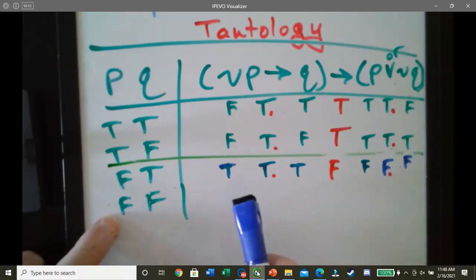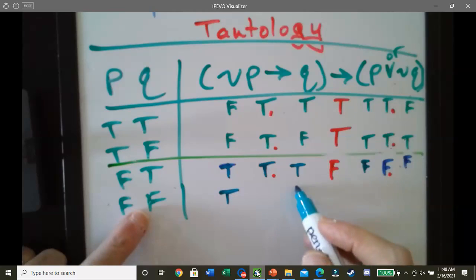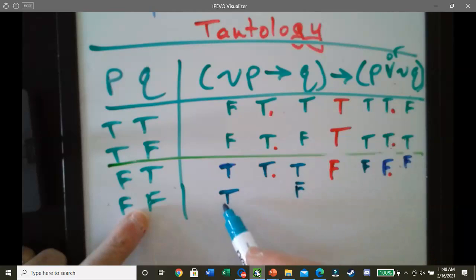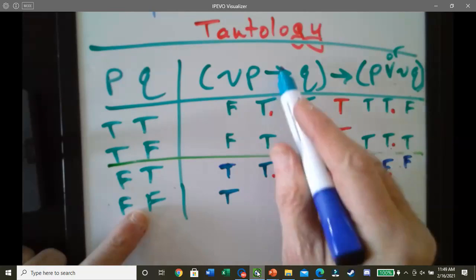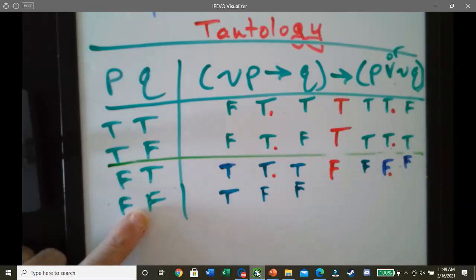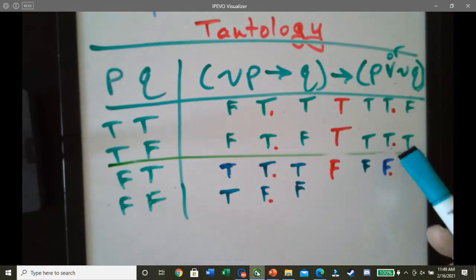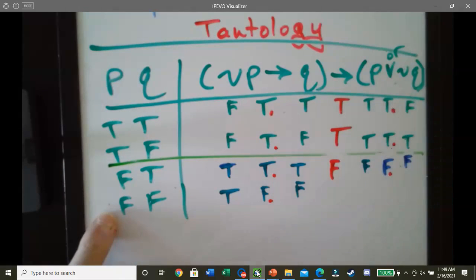Okay, so if P is false, then not P is true. And Q, that's false. So if true, then false is false, right? That's the only one that's false for conditional. Okay, P is false.